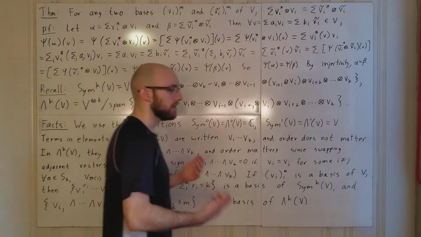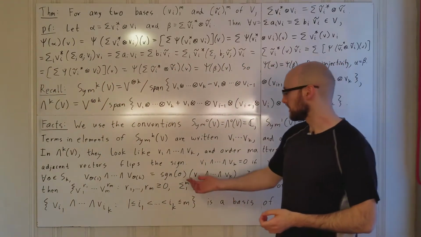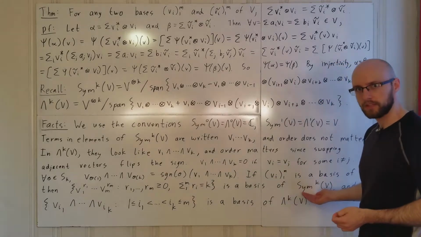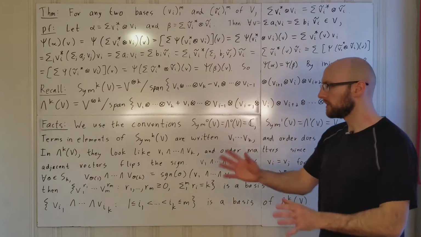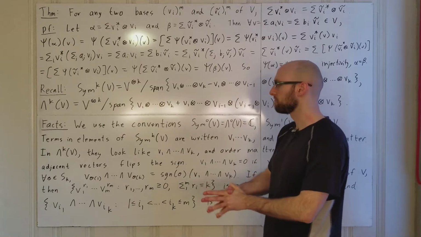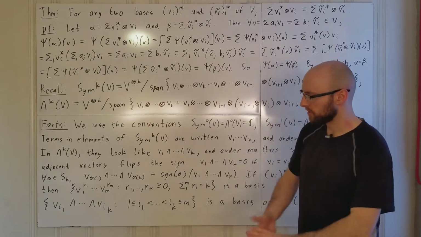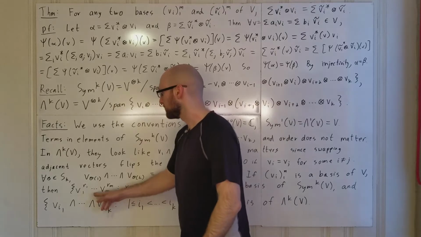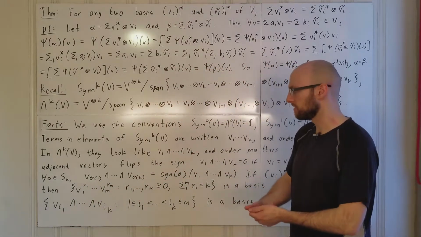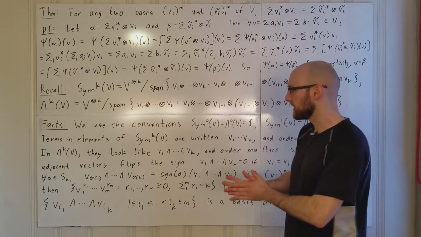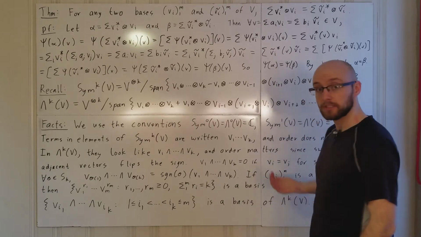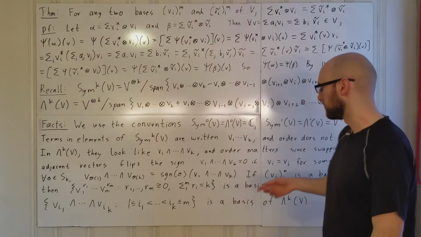The fact that from each copy of V in this symmetric product, you will take one basis vector between V1 and Vm, and so when you put them all together, you're going to have V1 through Vm. Each of these are raised to some powers, but because you got a particular Vi from each index, the powers all have to add up to K. Okay, so that's a basis for the symmetric product.